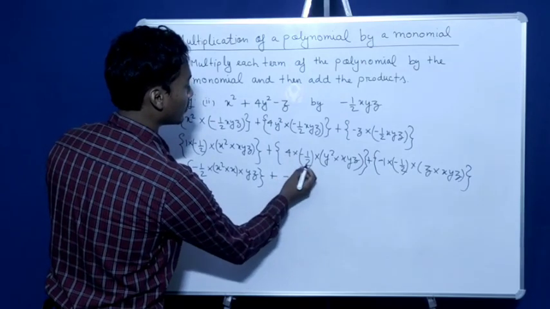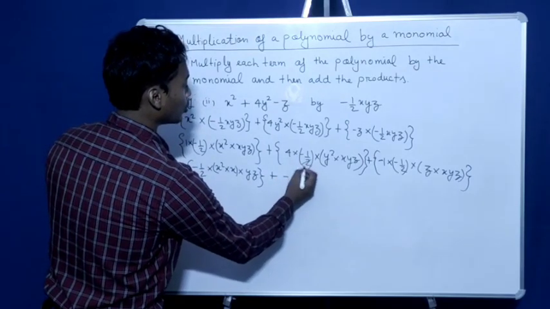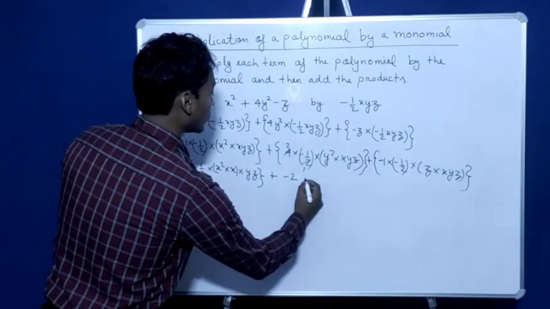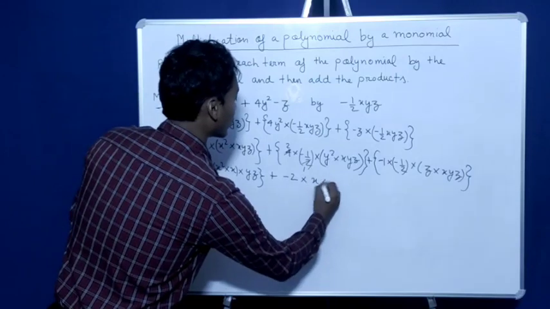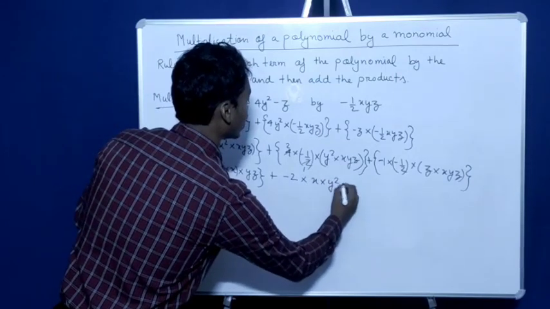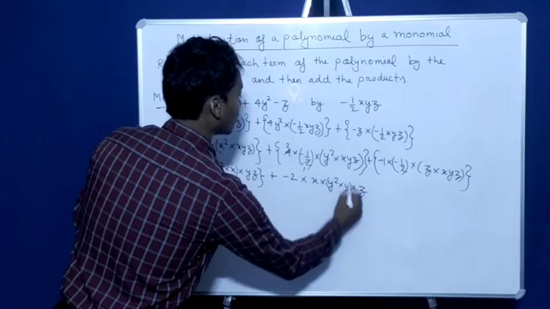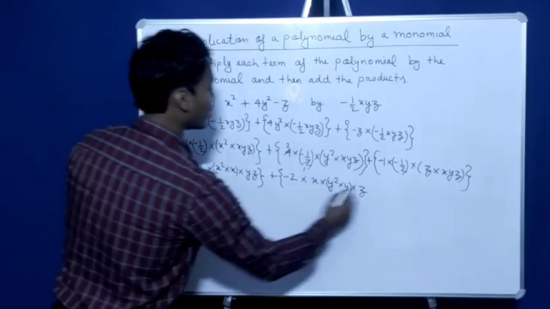Now here 4 is divided by 2, so 2 ones are 2, 2 twos are 4, so here you have negative 2 times x times y square times y times z, right? Let's multiply the y square and y together.